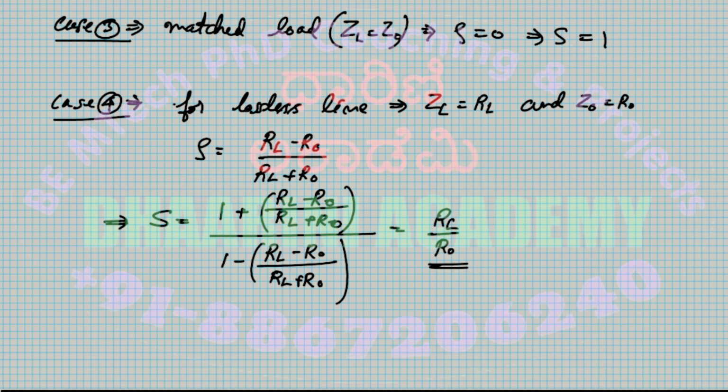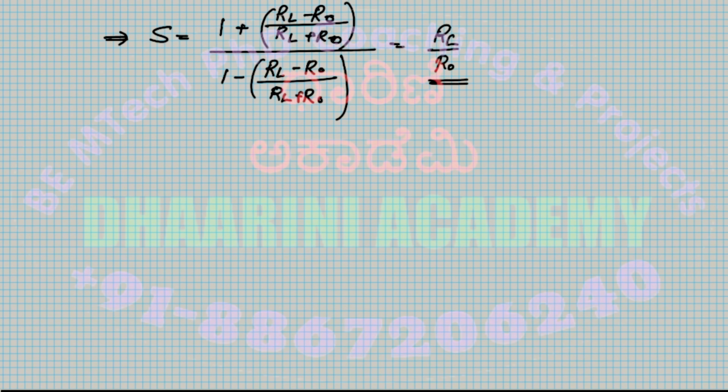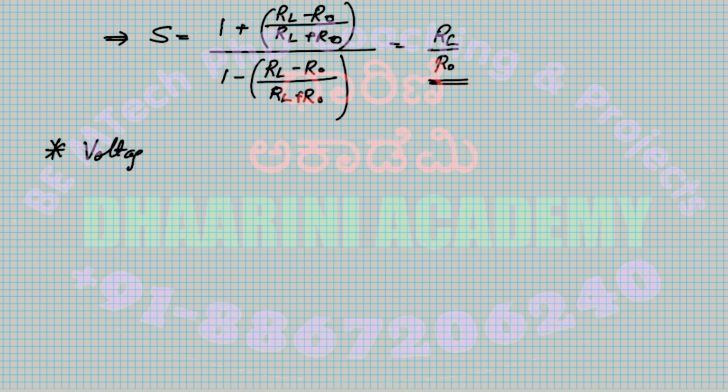Let's move quickly further to write what will be the impedance at the voltage minimum or voltage maximum. Correct. So this will be our next topic. Not voltage, sorry. That's the impedance. I want to measure the impedance at any point where the voltage is either minimum or maximum, V max or V min.